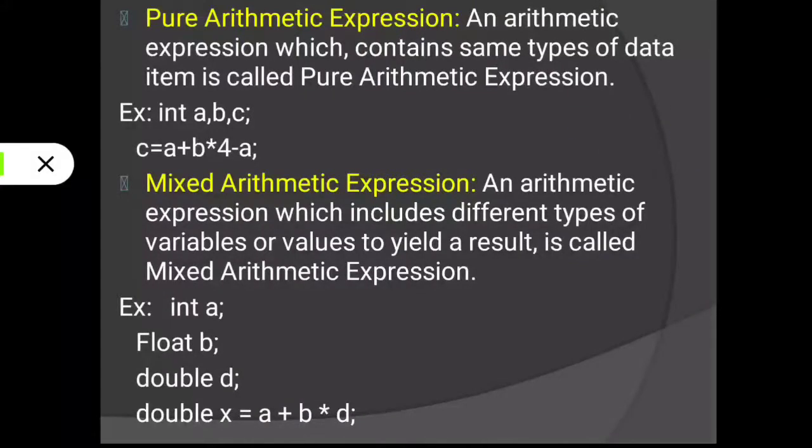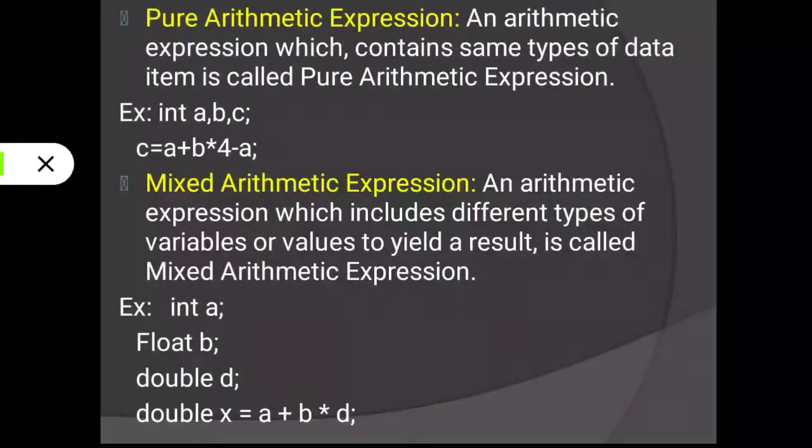Pure arithmetic expression means when we use the same type of variable in an expression. Same type of variable means if integer, all variables will be integer; if float, all variables will be float. Then that expression is called a pure arithmetic expression. The arithmetic expression which contains the same type of data item is called a pure arithmetic expression.